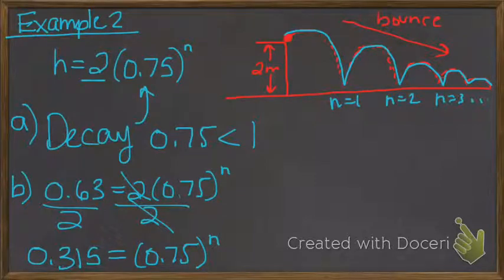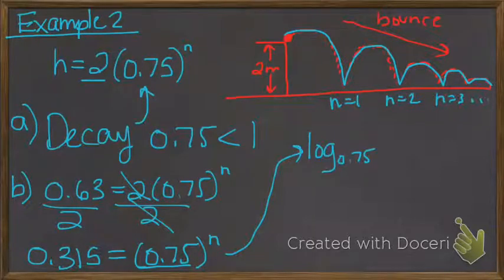So we have to use logarithms. 0.75 to the power of what gives us 0.315? Let's rewrite this statement by saying the log base 0.75 of 0.315 is equal to n.